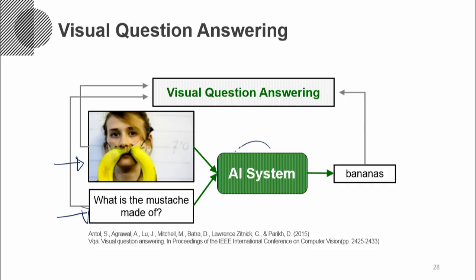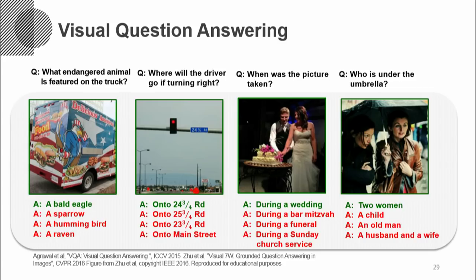Then our deep learning model should generate an answer, also in natural language form. This answer is a proper answer for the corresponding question and image. This is called the visual question answering task.